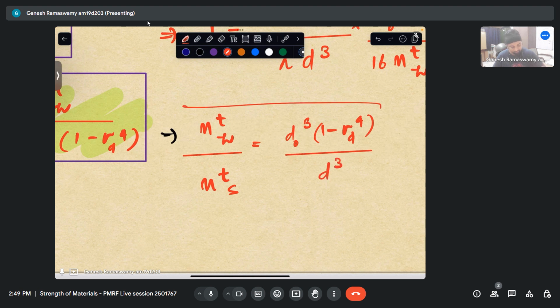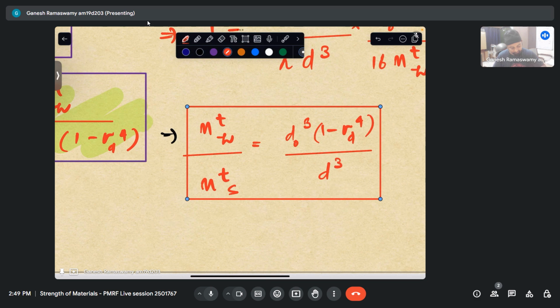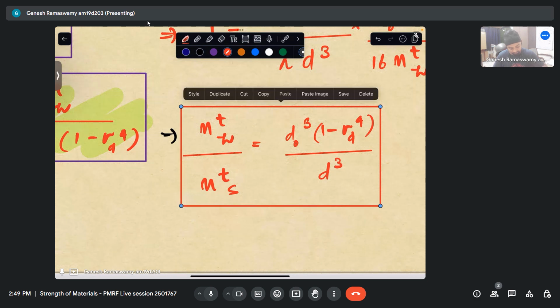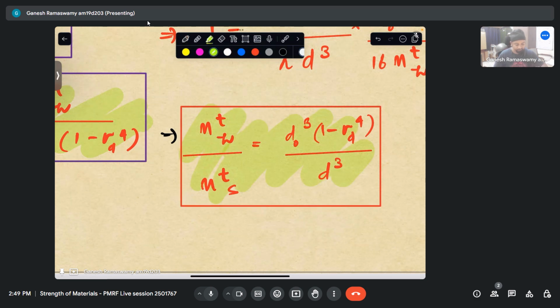I'll just rewrite this a bit neatly. So this is the expression for the ratio they have asked.